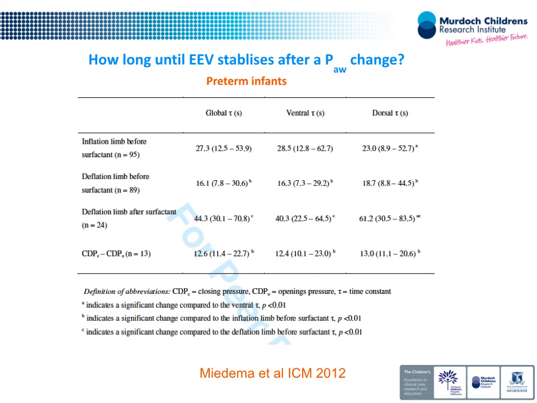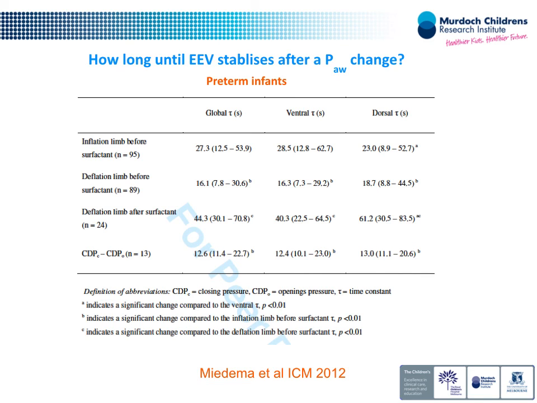So here is some more work from Anton's group, looking at the time it took after a mean airway pressure change at each step to get to a new steady state lung volume in their preterm babies, 15 preterm babies during the open lung approach. This is the mathematically calculated time constant from an exponential equation. So there are some issues around the maths, but it's generally about right.